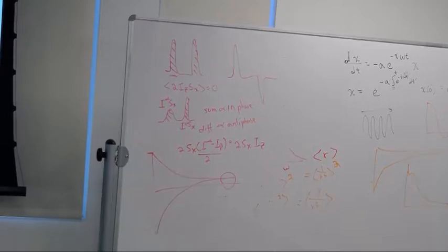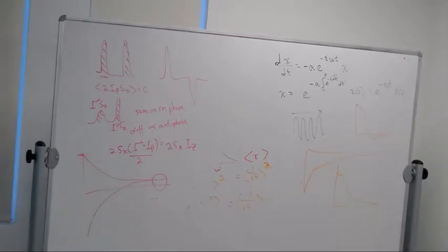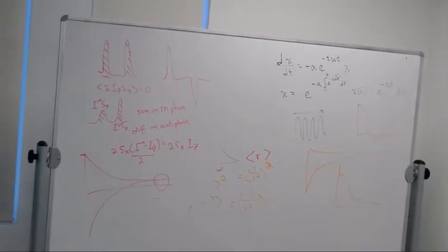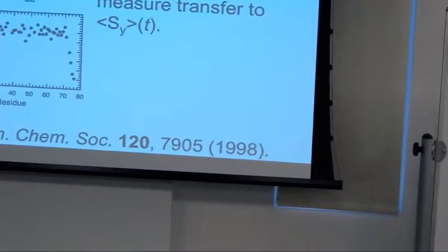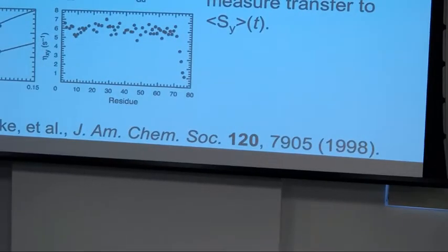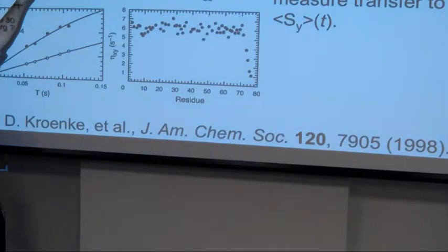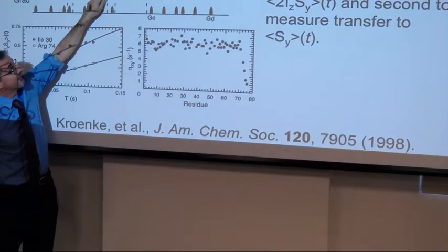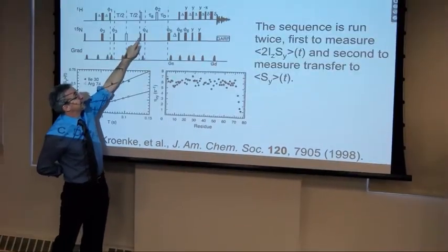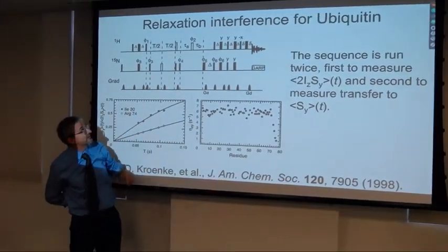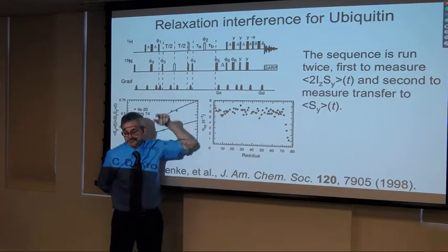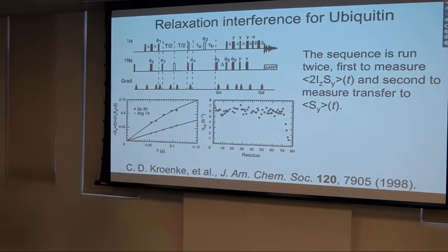So what the idea is going to be is, in this first block, it's actually done backwards from what I just said. In this first block, we generate antiphase magnetization, allow it to relax, and then this part here, along with this pulse on hydrogens, selects either antiphase magnetization or in-phase magnetization for detection.